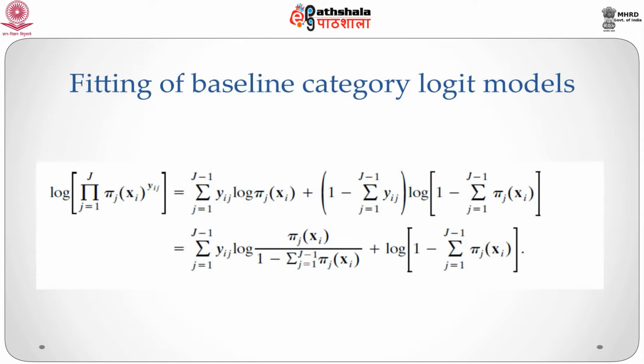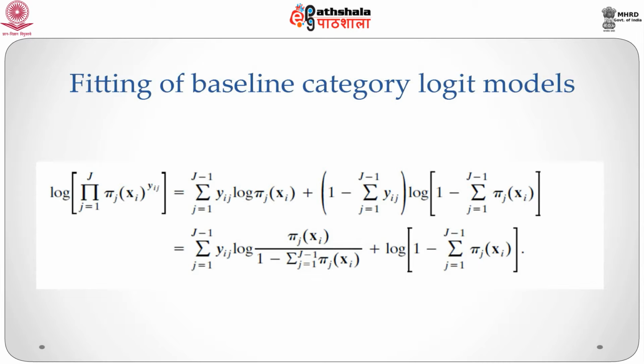We next come to fitting of the baseline category logit model. This can be done using maximum likelihood. So, maximum likelihood fitting of multinomial logit models will maximize the likelihood subject to the J minus 1 equations specifying the model. So, for i equal to 1 to n, let yi equal to yi1 to yiJ represent the multinomial trial for subject i.